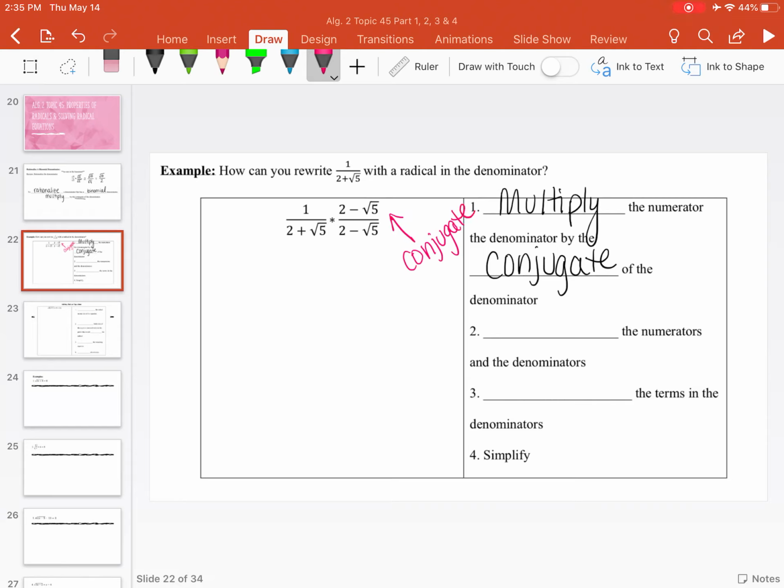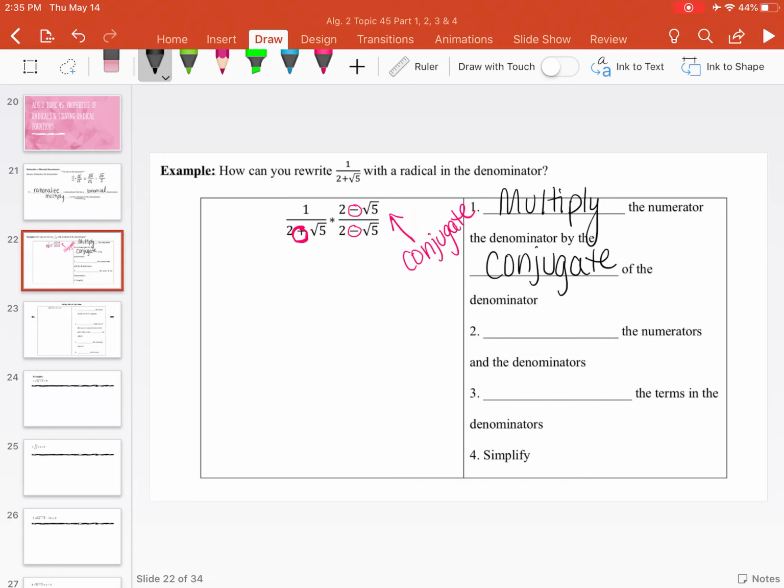Notice here how we have 2 plus root 5. Now similarly, with the example before, we had to multiply both the numerator and denominator because that means it would reduce to 1 and we wouldn't change the overall value of our expression. However, in order to rationalize the denominator, in this case, using the conjugate, instead of having 2 plus root 5, we need to have 2 minus root 5.